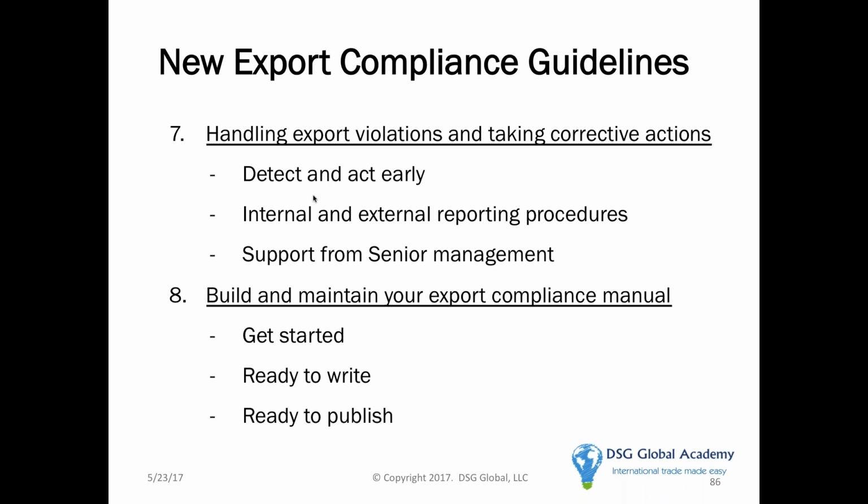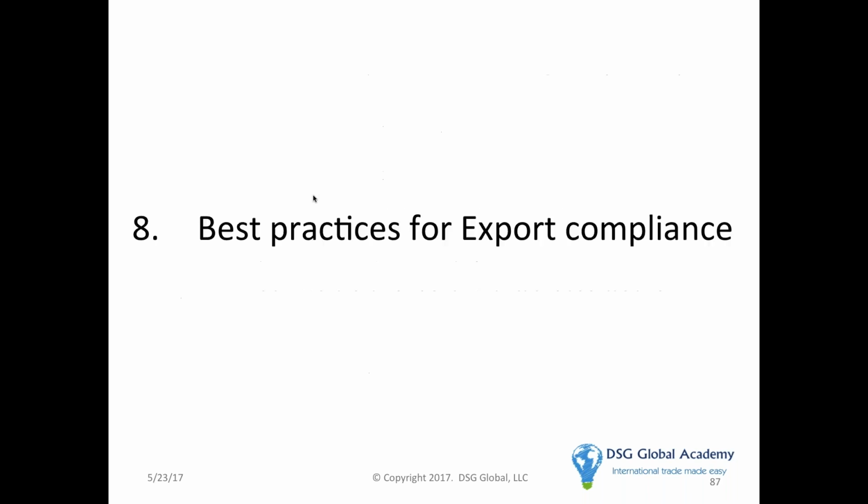Number eight is a little funny because what they've said is that if you don't have an export compliance manual in writing, please go to step one and make it step one. That is true because I say it's like a GPS for any company's export compliance efforts. If you don't have a written process, you're probably just doing it ad hoc and probably making mistakes along the way.